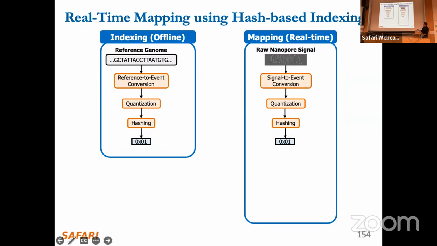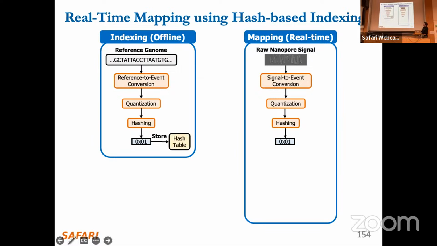But then further, to enable the matching of signals, we perform quantization. This means that the quantization approach will perform some bucketing such that close-by values will be assigned to the same bucket, so that you can generate the same hash values from similar raw signals.